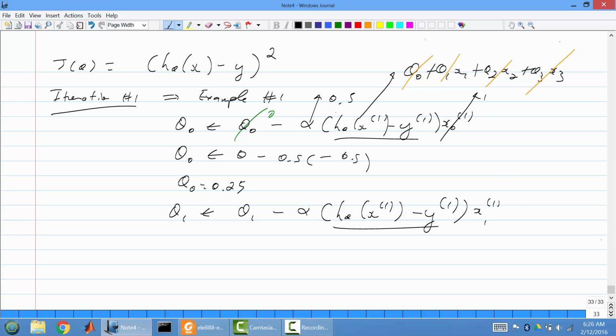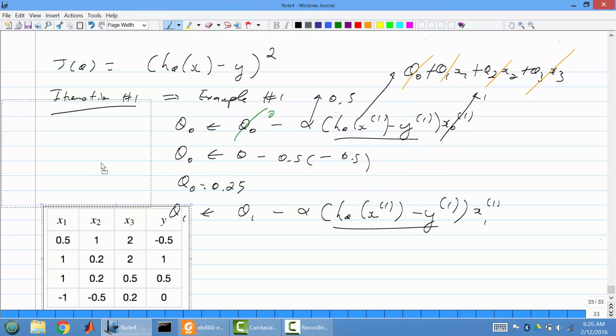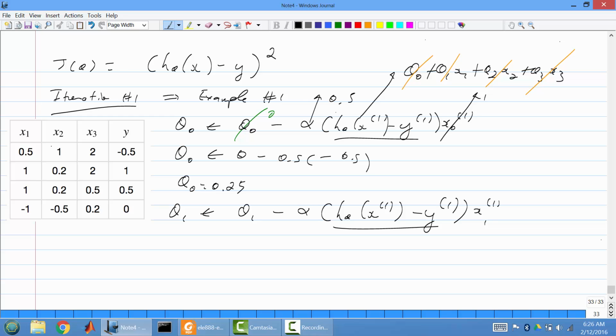If you pull open our data from before, the first feature is actually 0.5. This was minus 0.5 from the previous step. So we get minus 0.5 times 0.5 times 0.5, which is minus 0.125, because this is technically 1/8. Half, half, half, so this is 0.125.